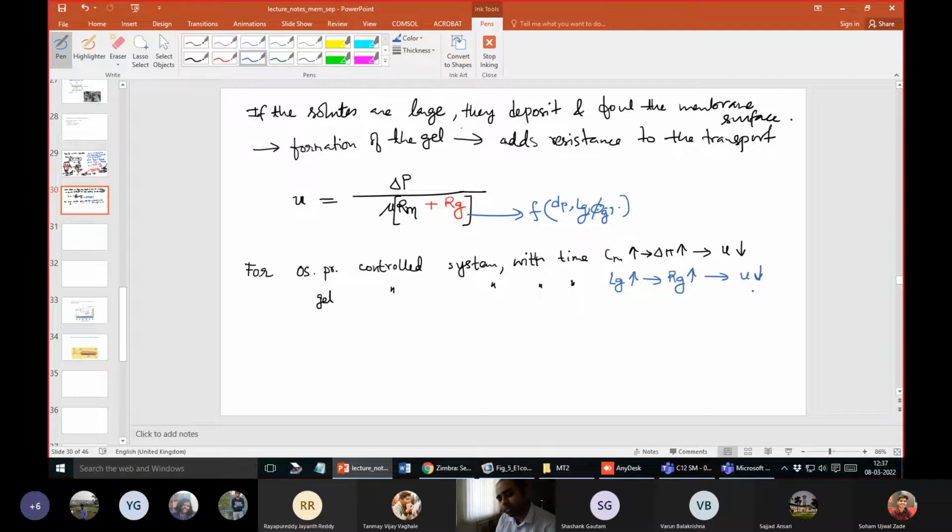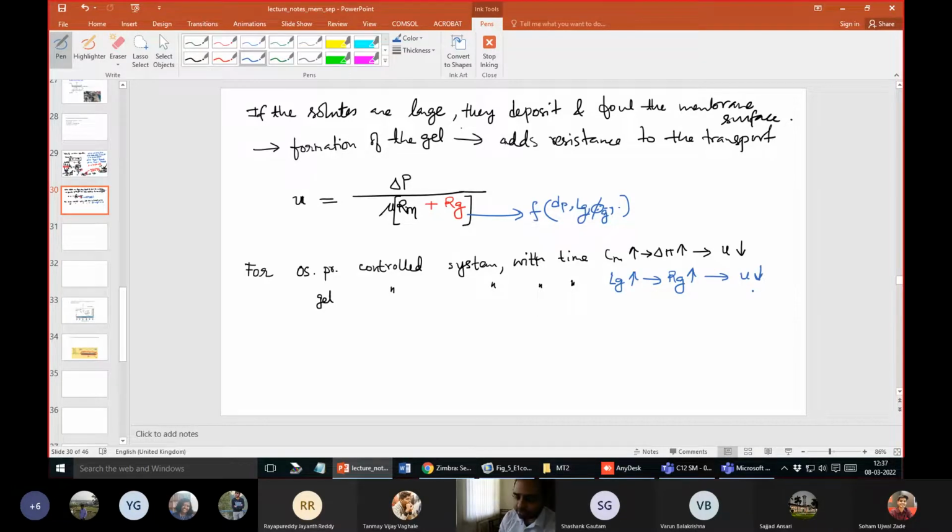Either it's osmotic pressure controlled or gel controlled, or some solute layer effects, solute based interactions taking place. Some of these would be taking place, and the net impact would be a drop in the permeate flux.